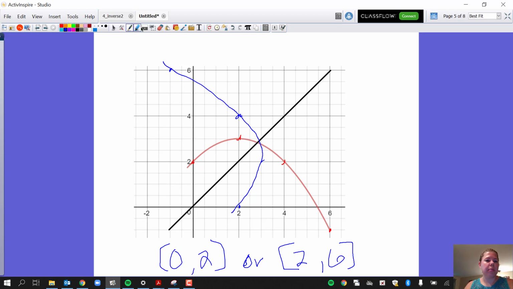Because this piece or this piece, okay, those are invertible. They are one-to-one. So if we kept this piece from 0 to 2, then this would be my inverse function here. If I kept 2 to 6, then this would be the part of my inverse function that I'm going to keep.